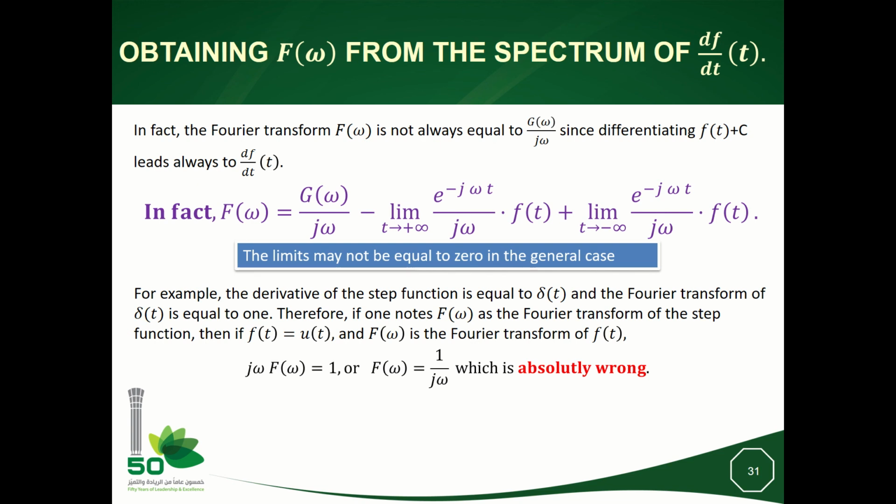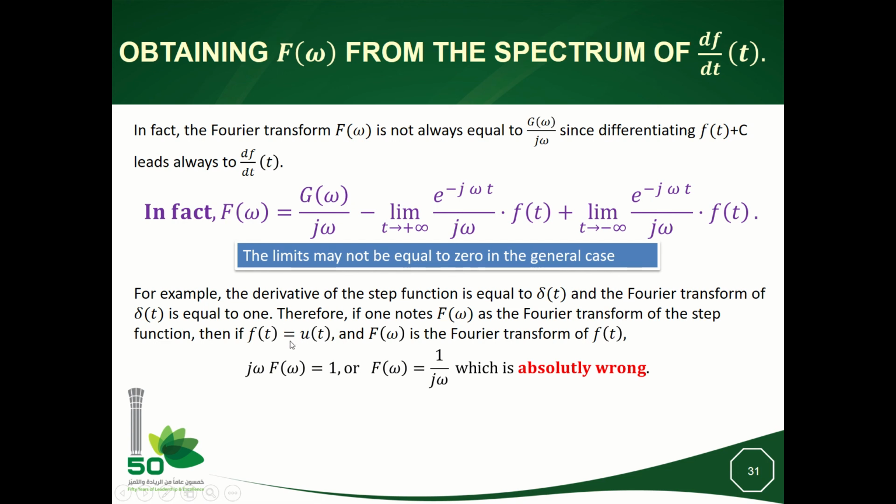So this is a common error that students may fall into. For example, if you take f(t) to be the step function of terminal value equal to 1, and you note F of omega to be the Fourier transform of f(t).